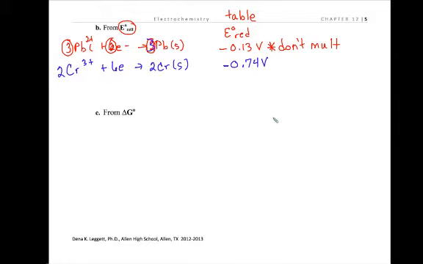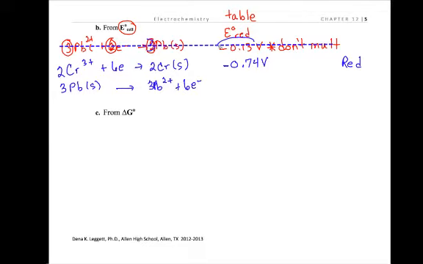Now in our cell, we set this up so that this was our reduction. So what we need to do is flip our lead. So we're going to cross that out and we're going to reverse it so it represents, instead of a reduction, an oxidation. So in that case I would have 3 lead solids going to 3 lead ions plus 6 electrons.